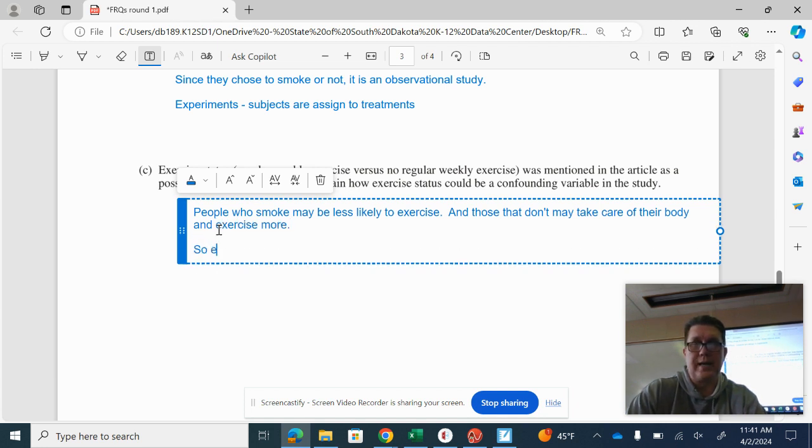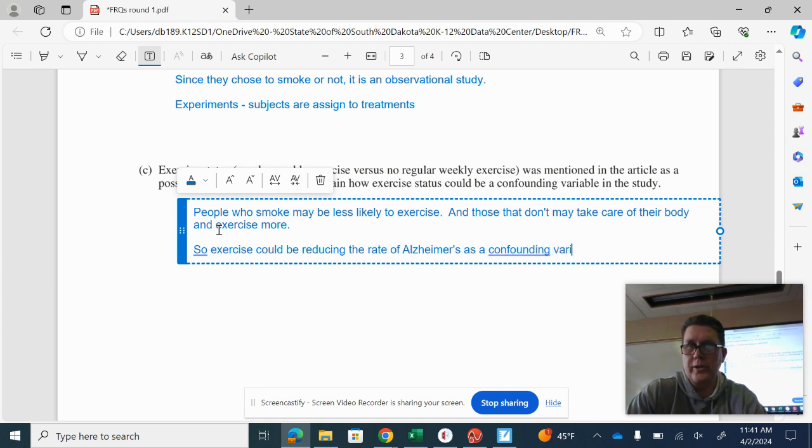So exercise could be reducing the rate of Alzheimer's. As a confounding variable.